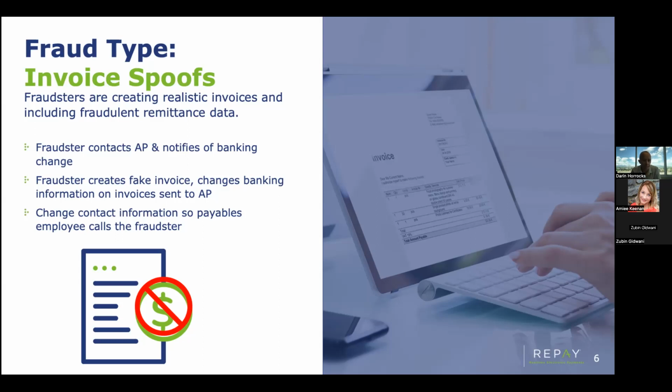So that's a really common and increased fraud type that we've been seeing over the last couple of years. Obviously on those invoices, they can also change contact information. So when a payables employee calls that number on the invoice, they're actually reaching somebody that's a bad actor. So it's hard to validate.